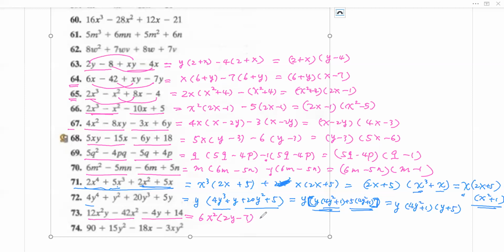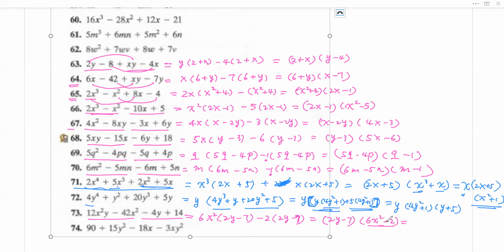So it's correct. And the second group here, at least -2 is the greatest common factor, and it became 2y minus 7, right? So 2y minus 7 is the common part, and the rest is 6x squared minus 2. They can be further factored, right? So we do an additional step.